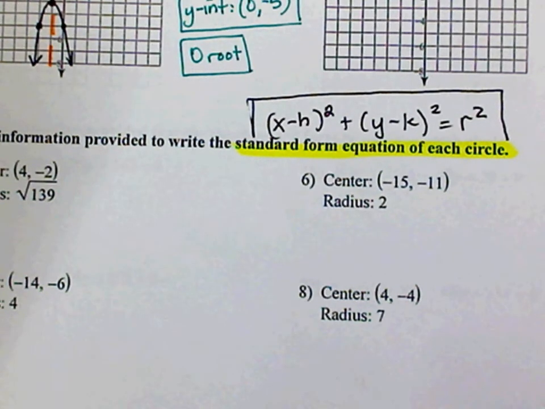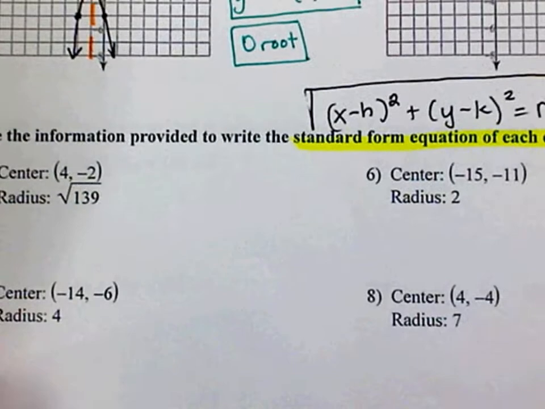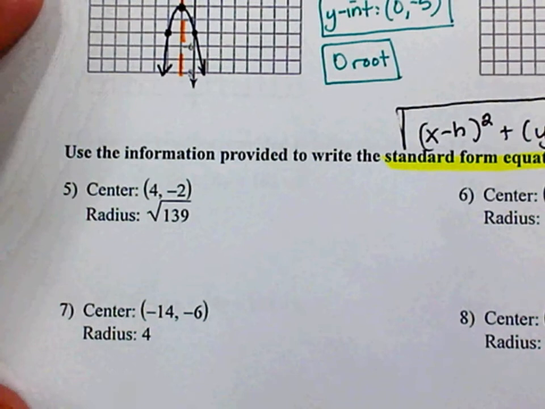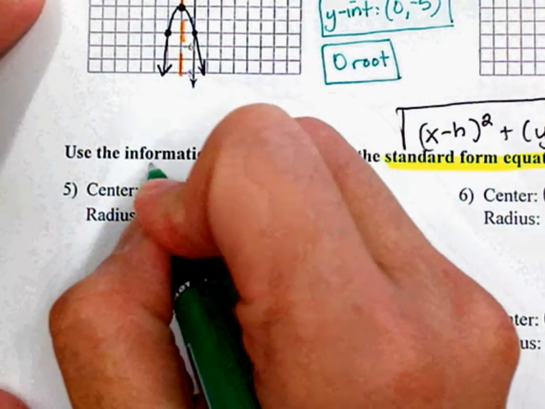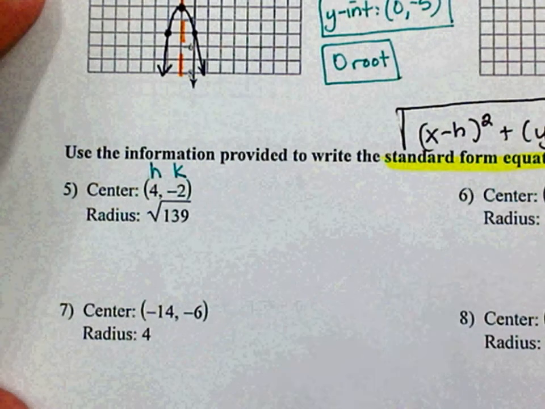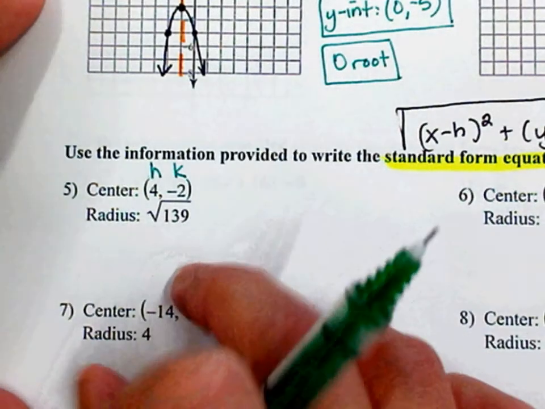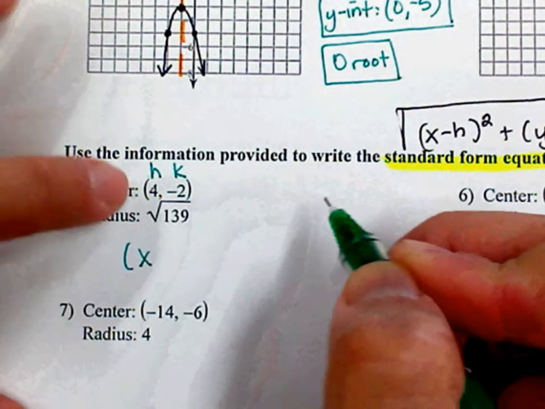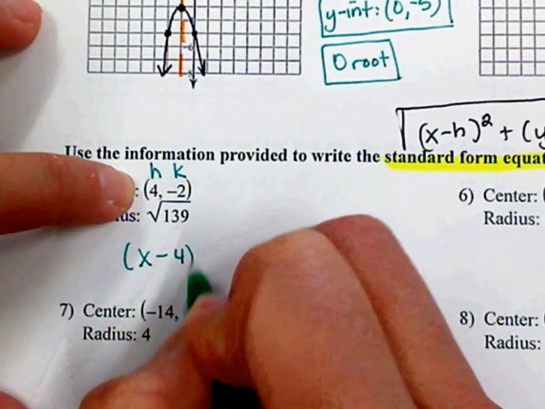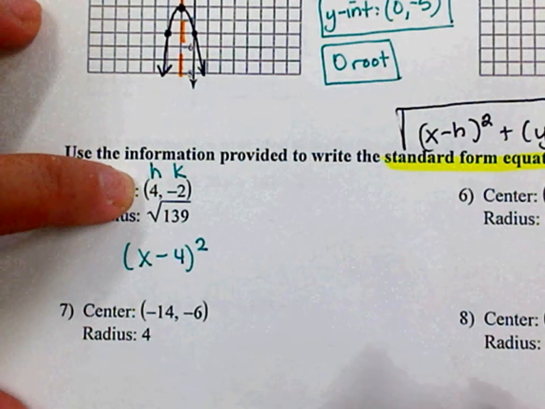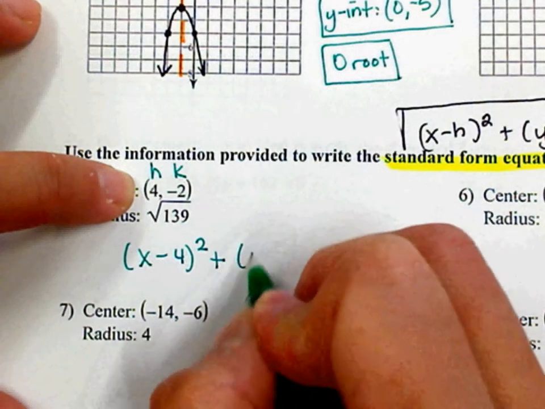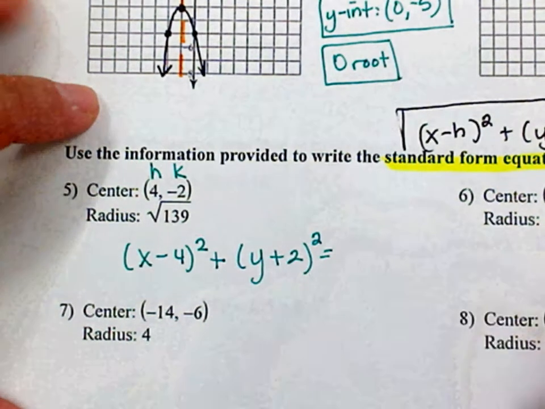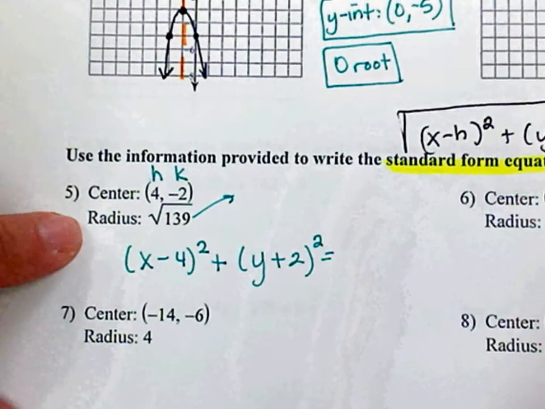All right. Okay, number 5. So let's take a look. Here's your h, here's your k. So you are wanting to write this in equation form, standard form. So x, opposite of positive, is negative 4 squared. Plus, what's opposite of negative 2? Positive 2 equals, now, this is where students mess up. Some of them will take a square root of this.